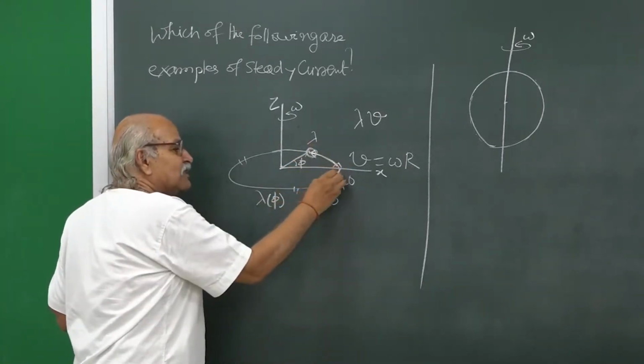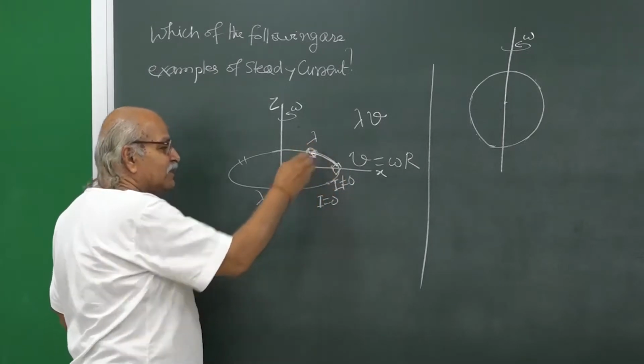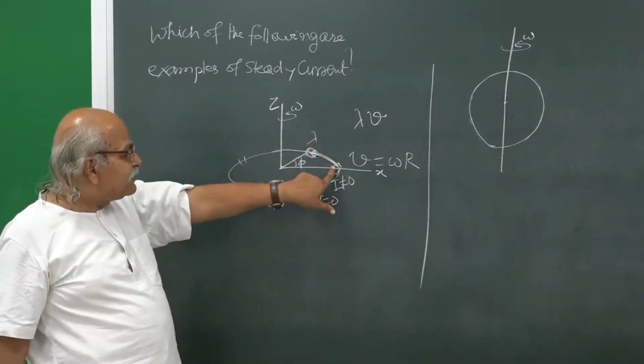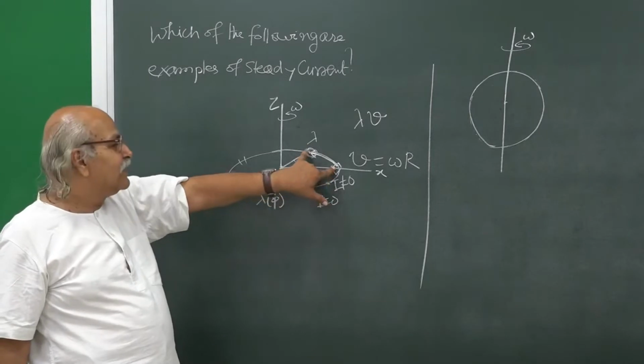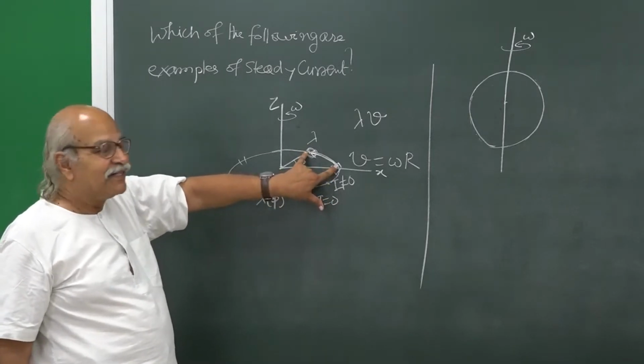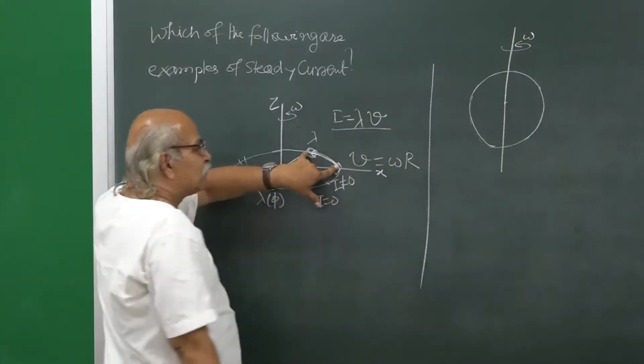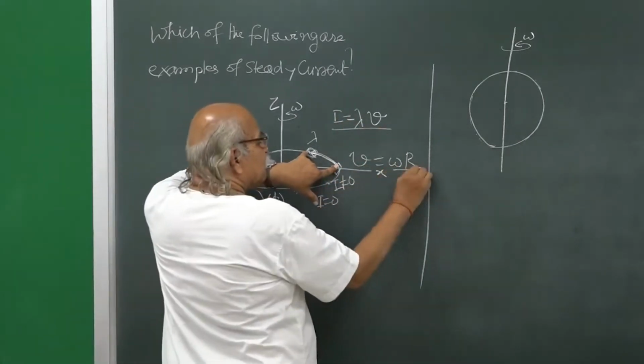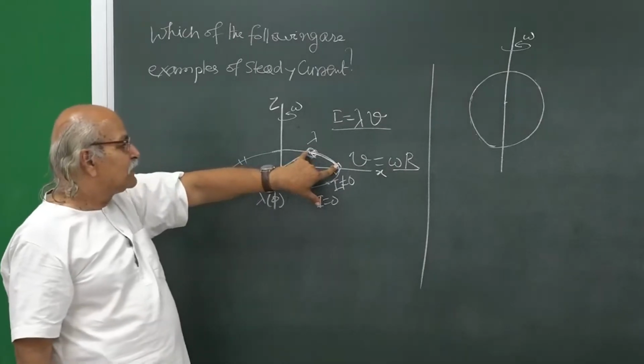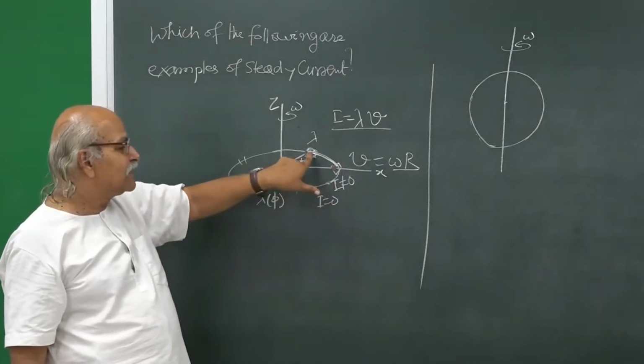This portion which is now here, after some time it comes here, and if the charge densities are different here and here, and the current is lambda V, and V is the same, V is omega times R, but this lambda is different here and different here.